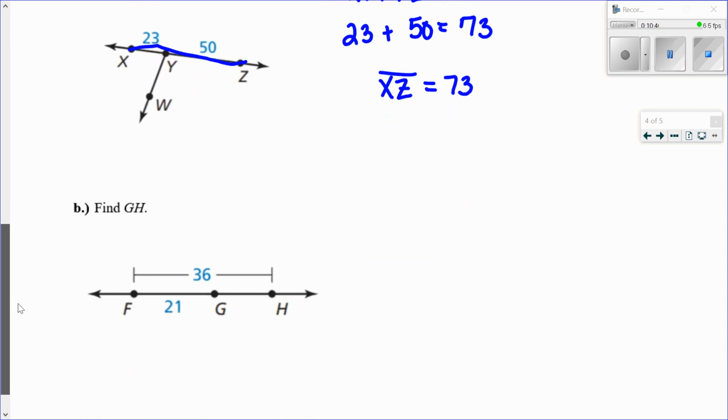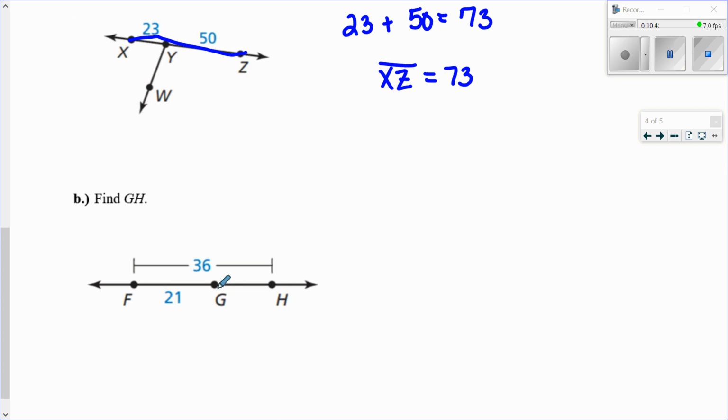Okay, next one. If you look over here, we have a part of it. We don't have this part. We have the whole thing. So there's two ways you can do it. You can look at it and say, if I have this piece, I'm missing this piece. In order to get that, I can subtract them, which is probably the best way. Or you can make it an equation. So this is what I'm missing. I know if I add them together, I'll get 36.